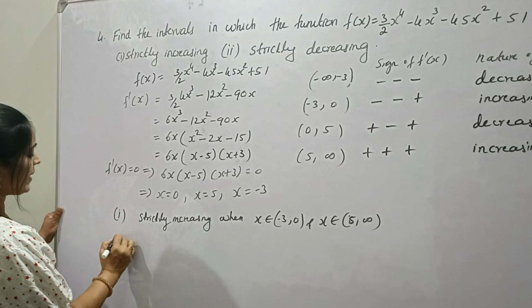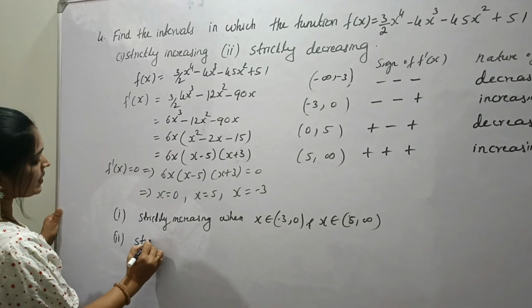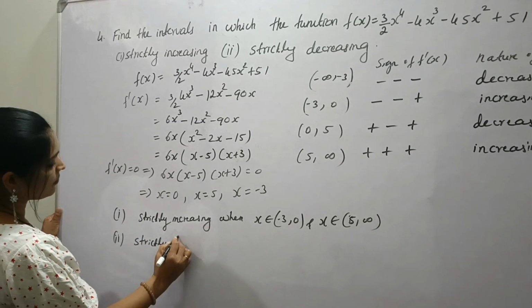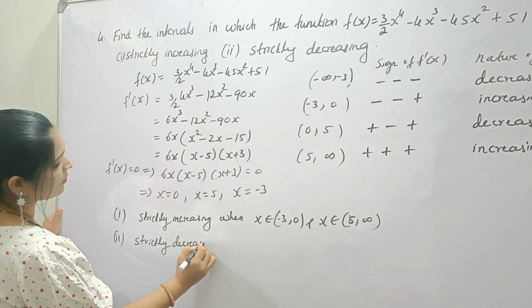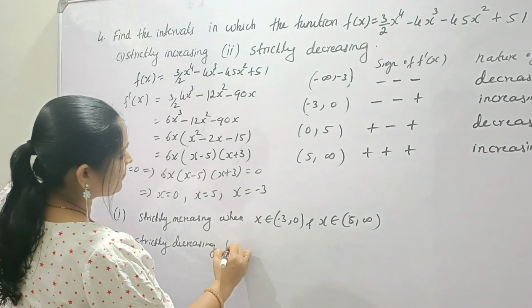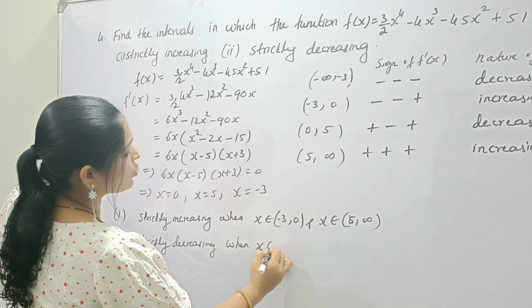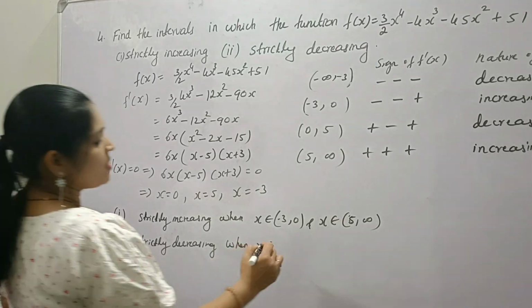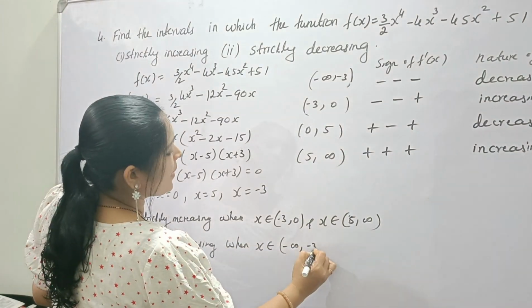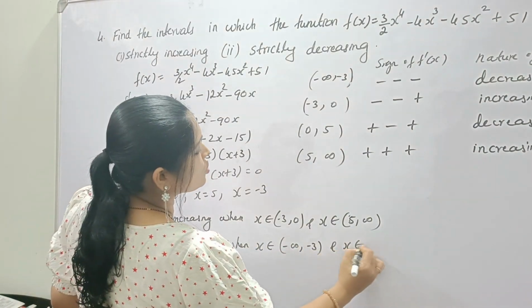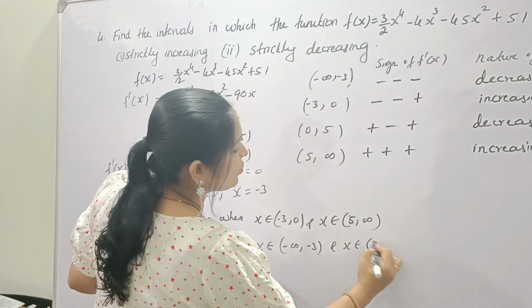Then second, strictly decreasing when x belongs to minus infinity to minus 3 and x belongs to 0 to 5.